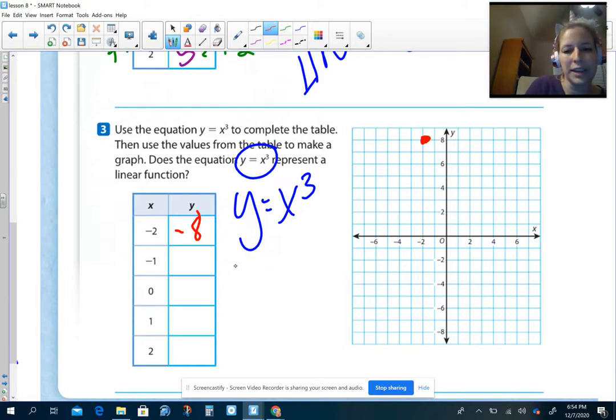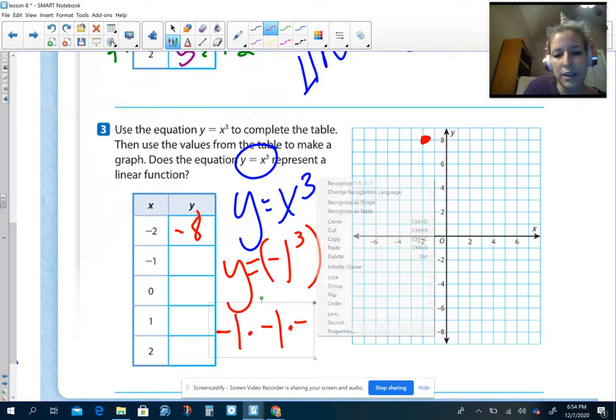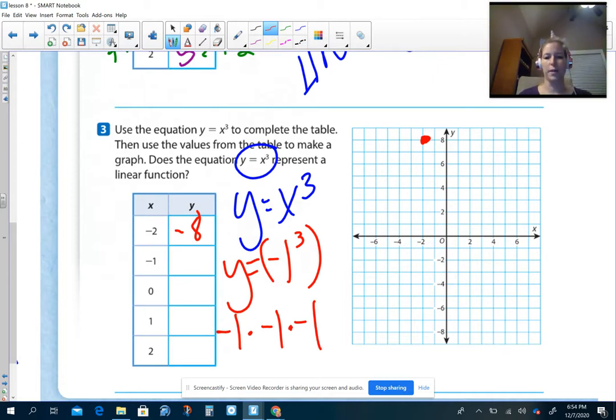Okay, you want to do negative 1 together? Let's do negative 1 together. So y equals negative 1 to the 3rd power. Okay, I'm going to do it again. If I spread it out like this, you'll be able to see more easily how this works, okay? Negative times a negative is a positive, and a negative times a positive is a negative.